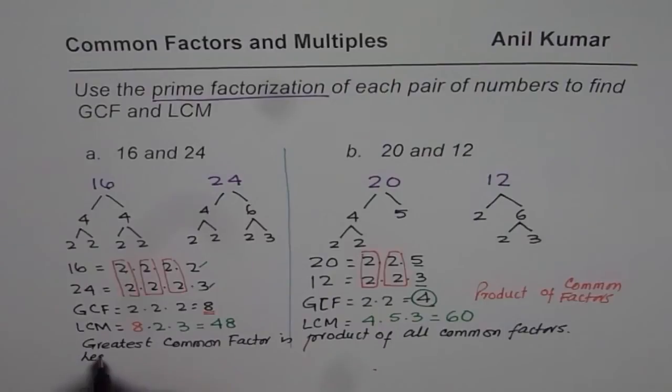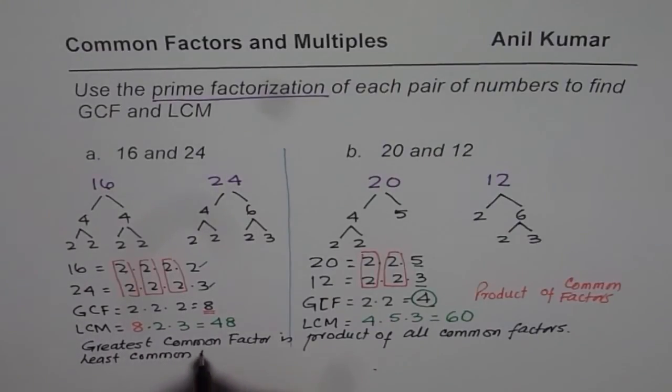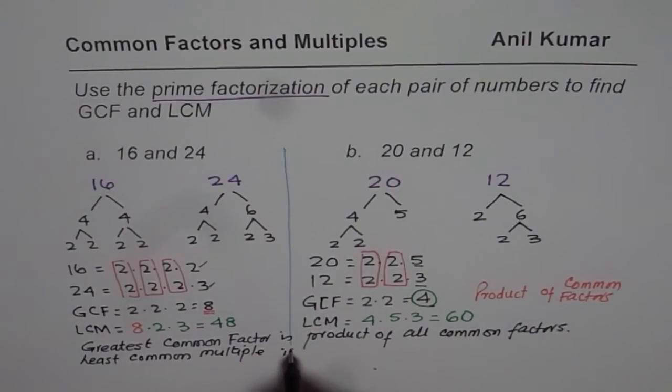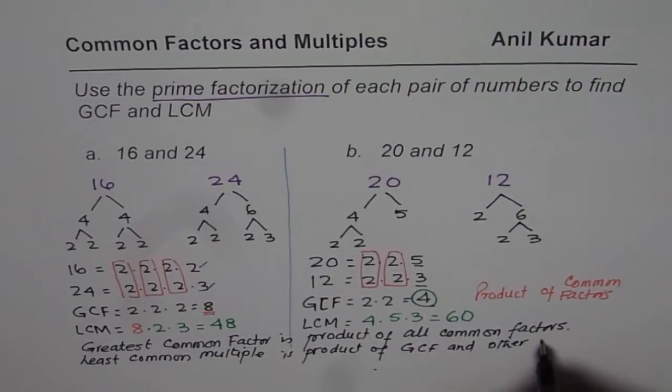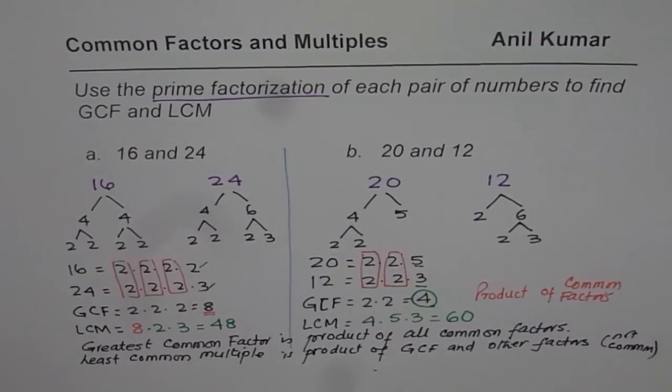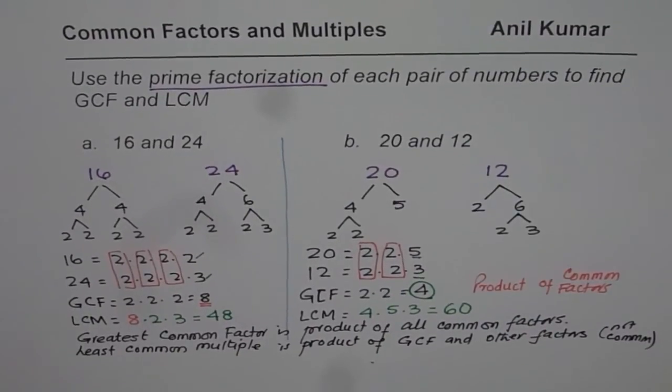And least common multiple is the product of greatest common factor and other factors which are not common. Do you understand? So that is important to understand.